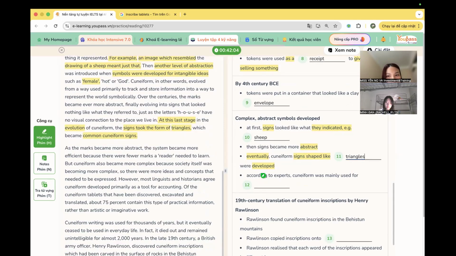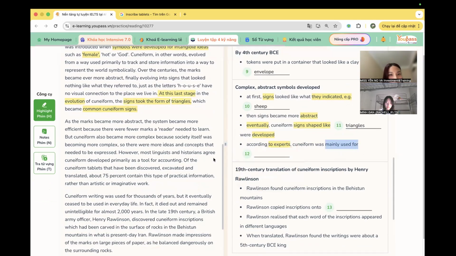According to experts, cuneiform was mainly used for something. As the marks became more abstract, the system became more efficient because there were fewer marks the reader needed to learn. It became more complex because the society became more complex.